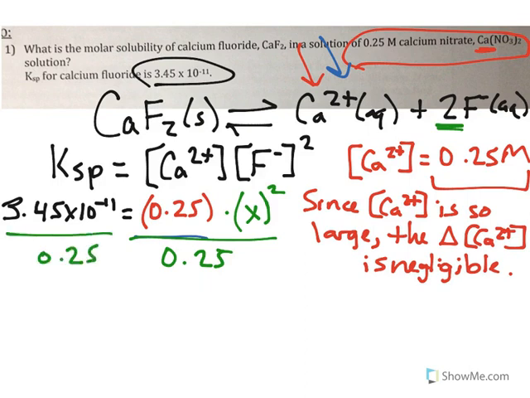And then, of course, to get rid of the square, we'll square root that all. So I'm looking at the square root of 3.45 times 10 to the negative 11th divided by 0.25. Make sure when you plug it into your calculator, you plug in this part first and then take the square root of it. But you're going to end up with an x value of 1.17 times 10 to the negative 5th.